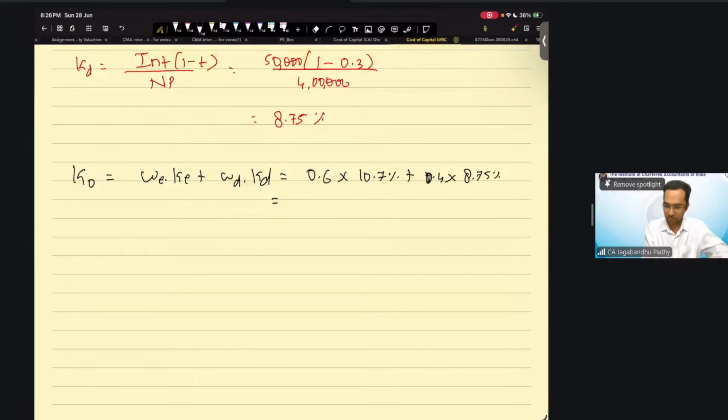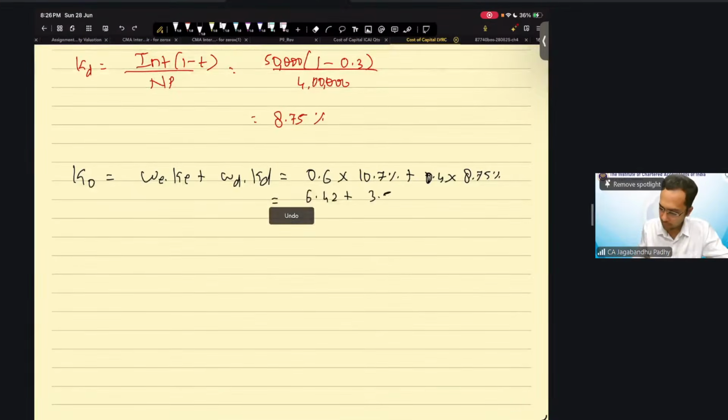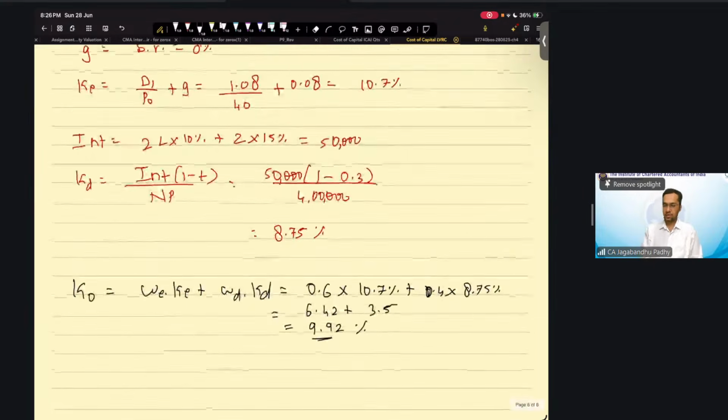Just add them. 10.7 into 0.6 is 6.42 plus 8.75 into 0.4, which is 3.5. So weighted average cost is 9.92%.